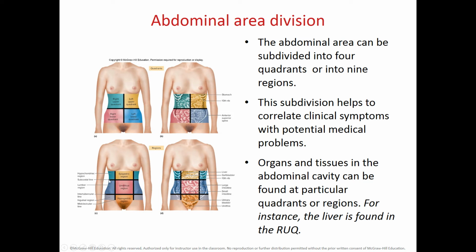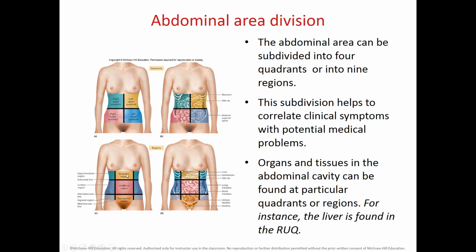Also this line will go horizontally, and you make a couple of lines that run vertically like this, that run in the middle of the clavicle, which is a bone that we have in here. You will produce 9 regions.